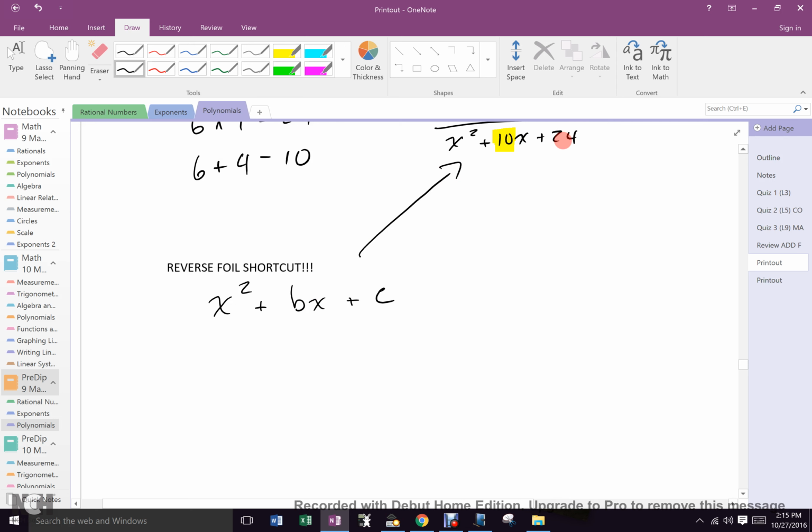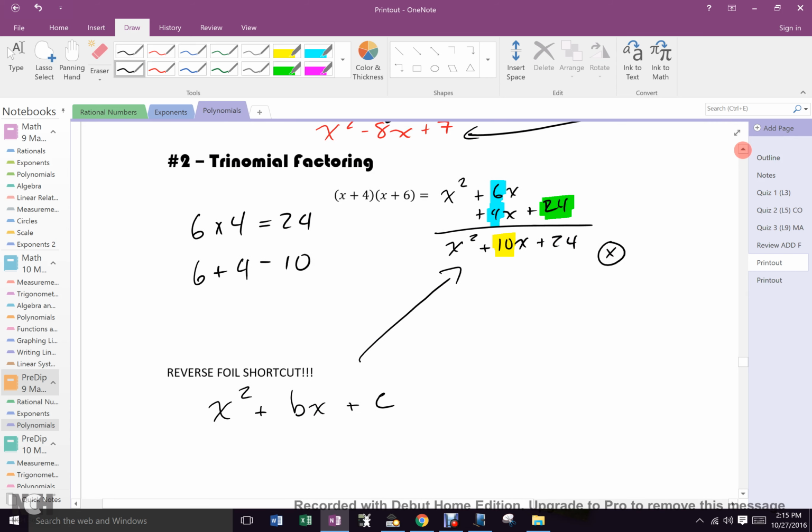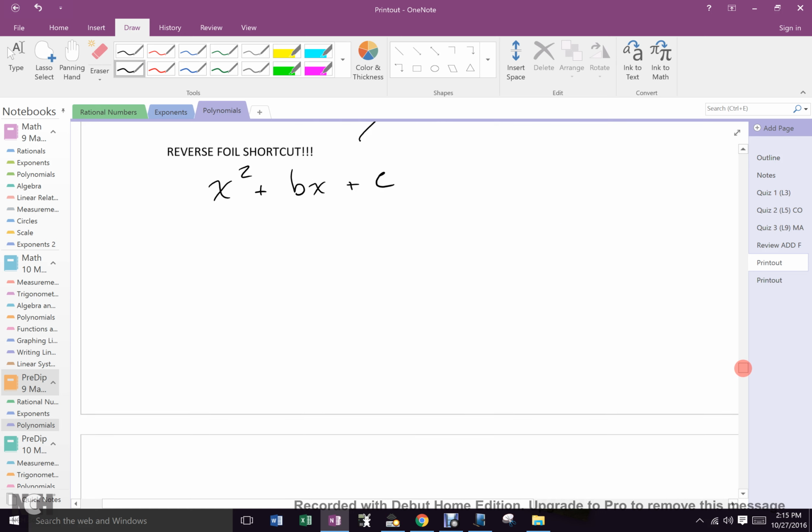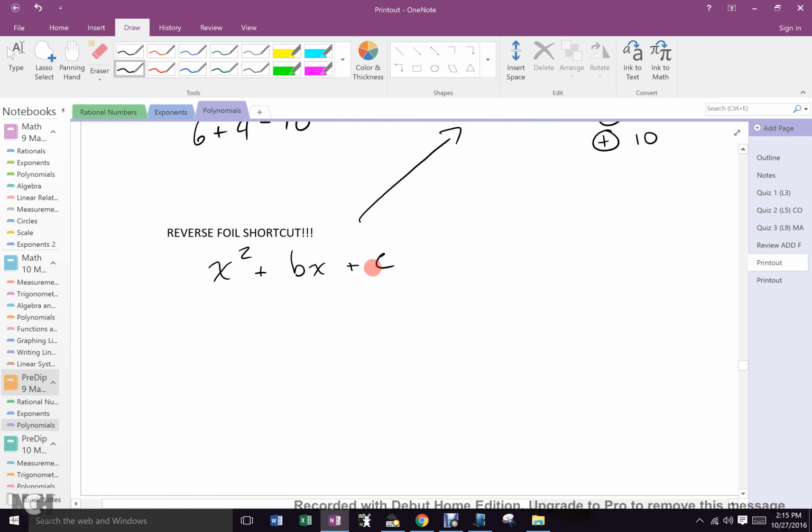Those 2 jobs had to be what? Multiply to what? What did the 2 numbers do? Multiplied to what? 24. And added to what? 10. So come down here and figure out the shortcut. If I am going to factor this, because not everything is factorable, is it? Remember, I gave you one that you couldn't factor, right?